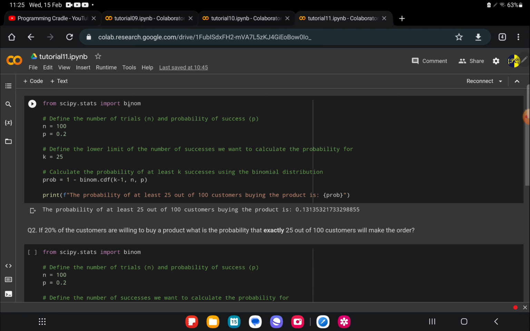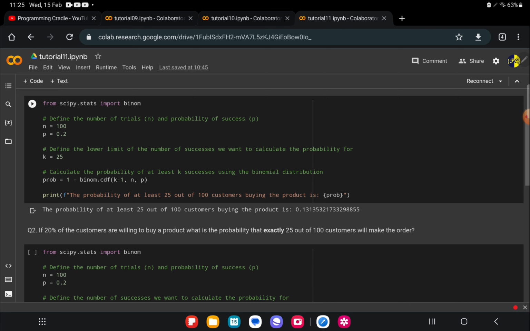From that I'm using binom, and n is equal to 100 because that's the total number of trials we are doing, or total number of customers we have, and the success probability is 0.2, and out of 100 we want to find at least 25. So that is what k is, and the probability is calculated as 1 minus binom.cdf of k minus 1, and here you will pass n equal to 100 and p equal to 0.2.